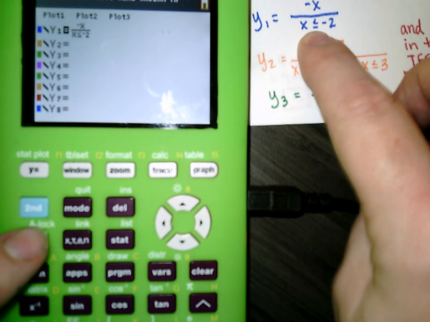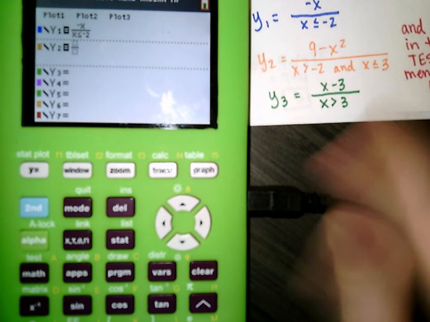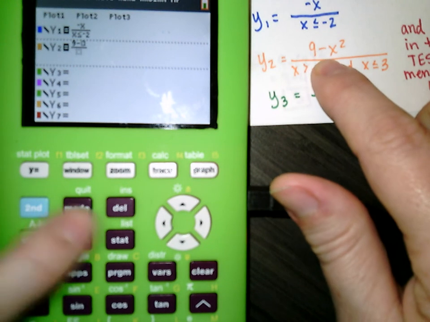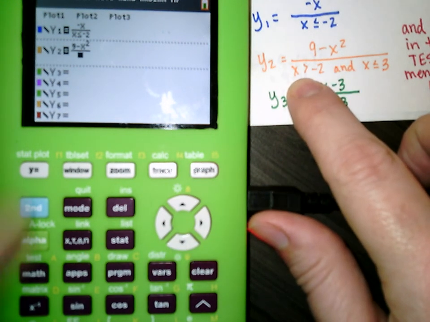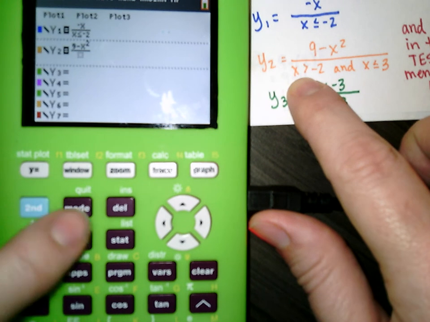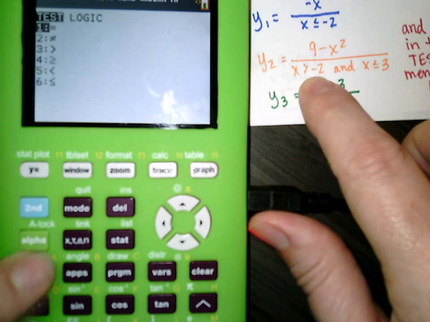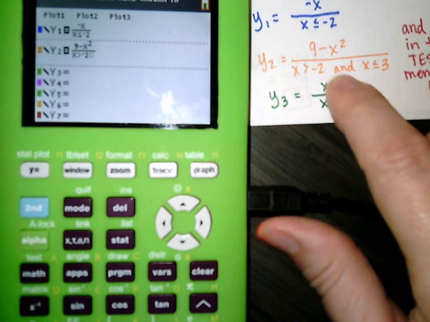So remember, to get the fraction, alpha y equals, enter. And we type the rule, 9 minus x squared. And then test, we have to do x first. X is greater than -2. And then we need the word and.